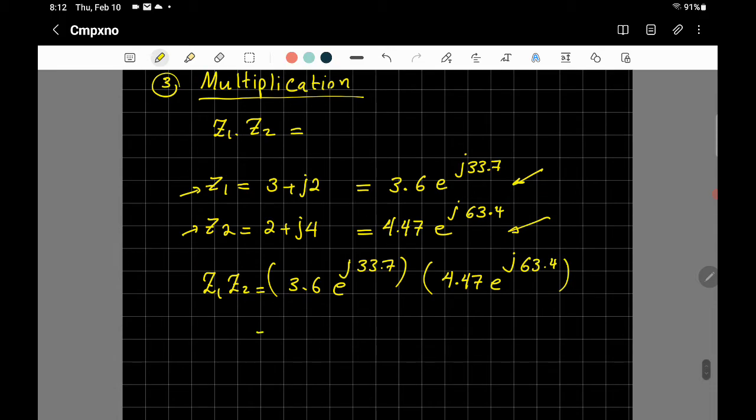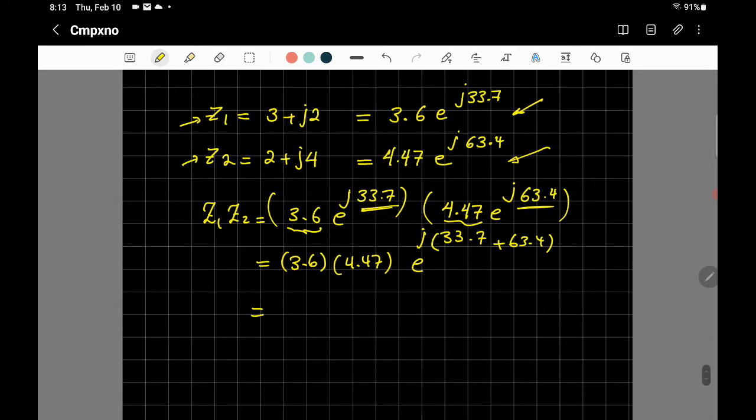So when you multiply, first multiply the lengths, this number. So it will be 3.6 times 4.47. And what about the angle? You have e to the power of j 33.7 and j 63.4. You add. When you're multiplying the exponentials, you add the angles. That will be 33.7 plus 63.4.